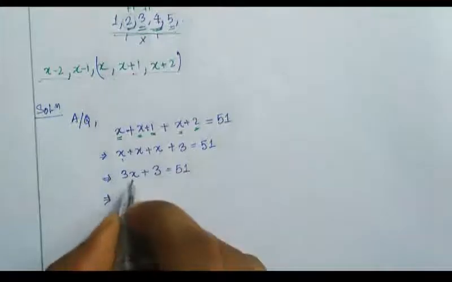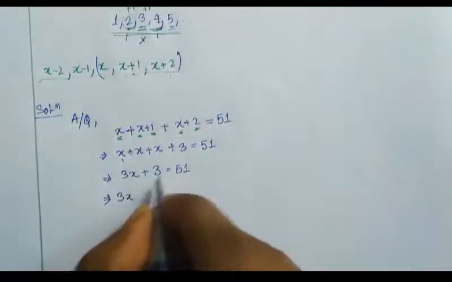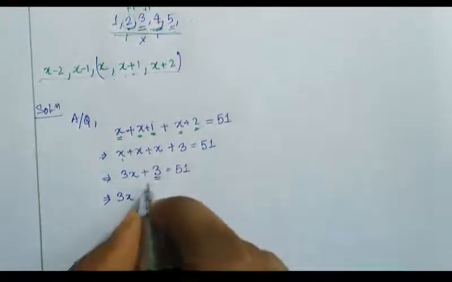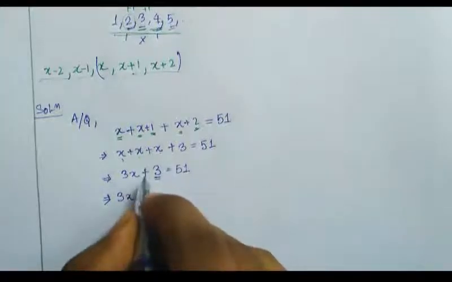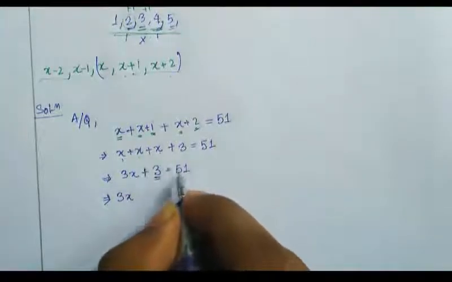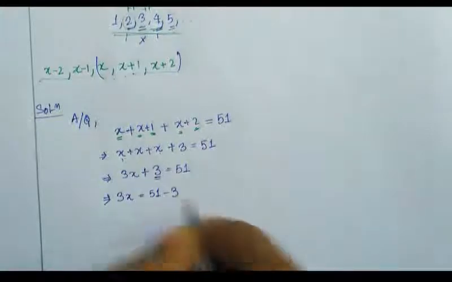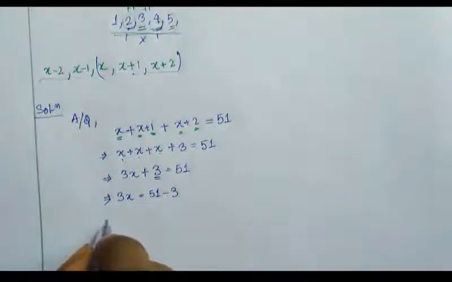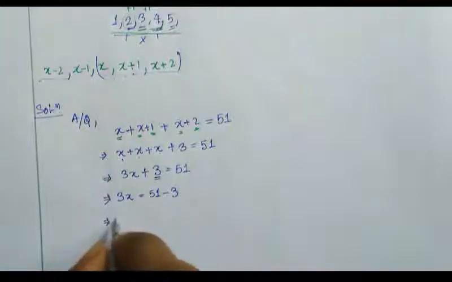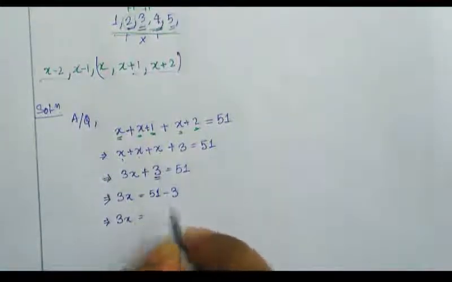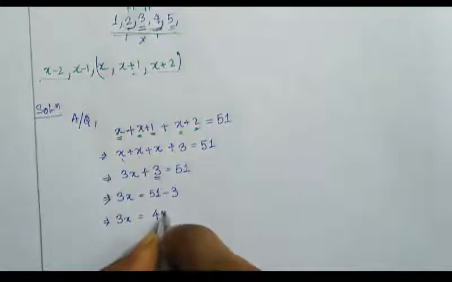Now let us take this 3 on the right hand side. On the left hand side it was plus, but when you transfer it to the right hand side it will become minus. So it will be equal to 51 minus 3. Then 3x equal to 51 minus 3 is 48.